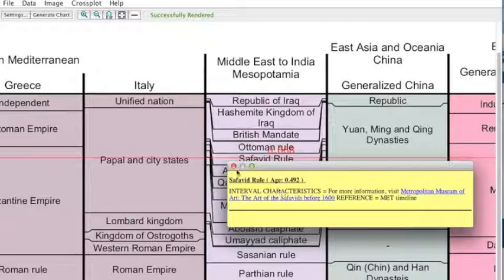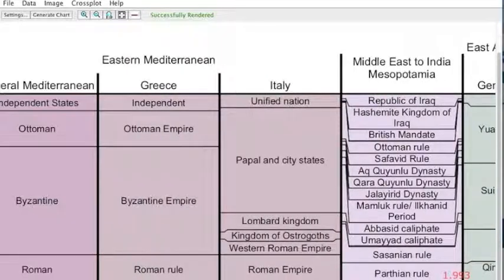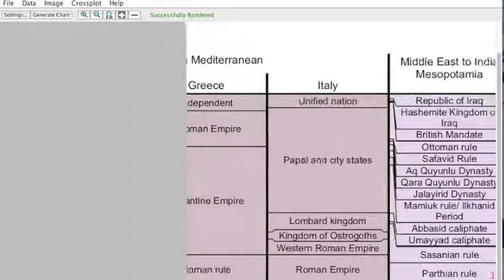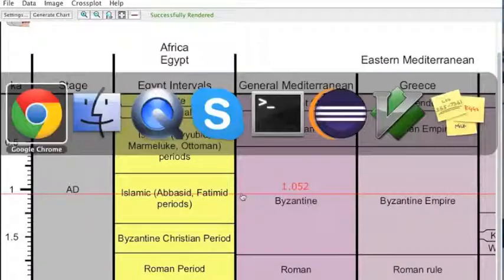If you click on this link, that will take you to the website. Then they have different dynasties like the Jalayirid dynasty and the Abbasid Caliphate. This is the Caliphate, and the Umayyad Caliphate. Okay. Oh, I think this is around the time when the Prophet Muhammad was born. Let's look it up.